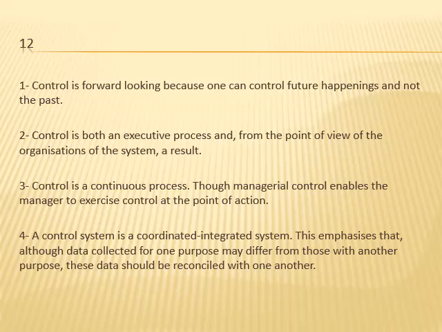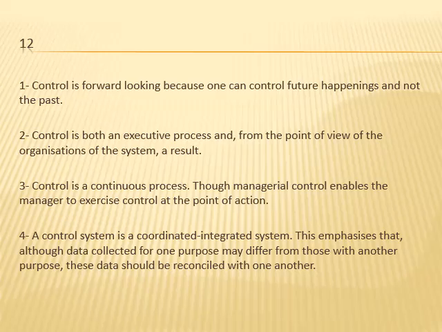However, in the control process, always the past performance is measured because no one can measure the outcome of a happening which has not occurred. In the light of these measurements, managers suggest corrective action for future periods.